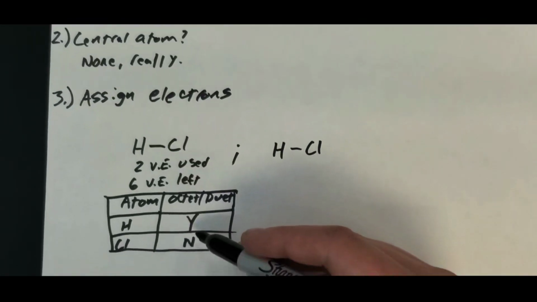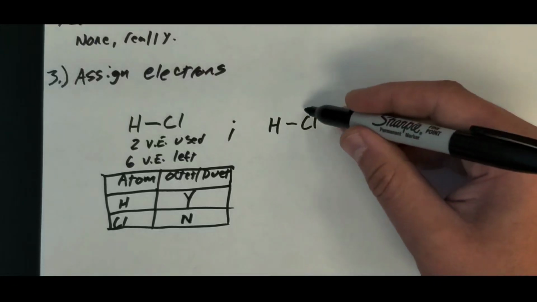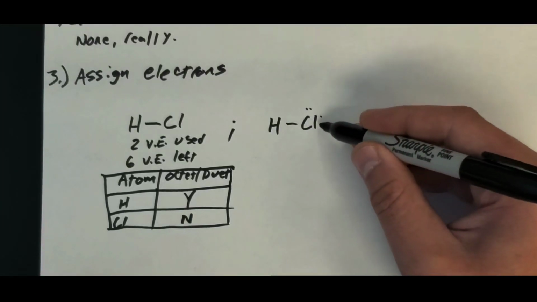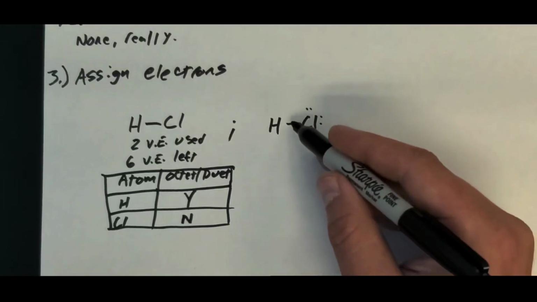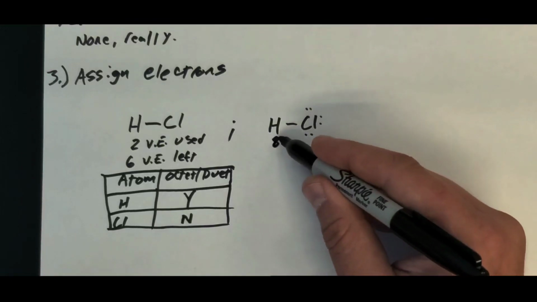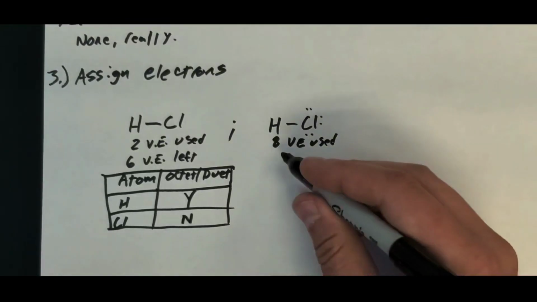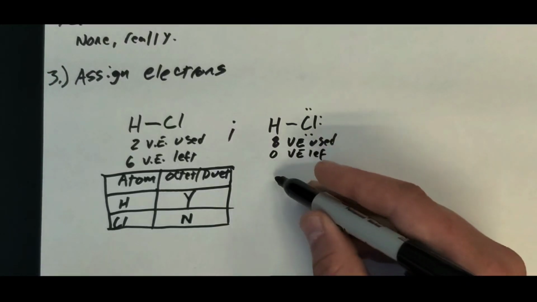Since hydrogen is satisfied, we don't have to add any more electrons to it. So all the electrons will go straight over to chlorine. So 1, 2, 3, 4, 5, 6, 7, 8. We've used all 8 valence electrons. There are no valence electrons left.